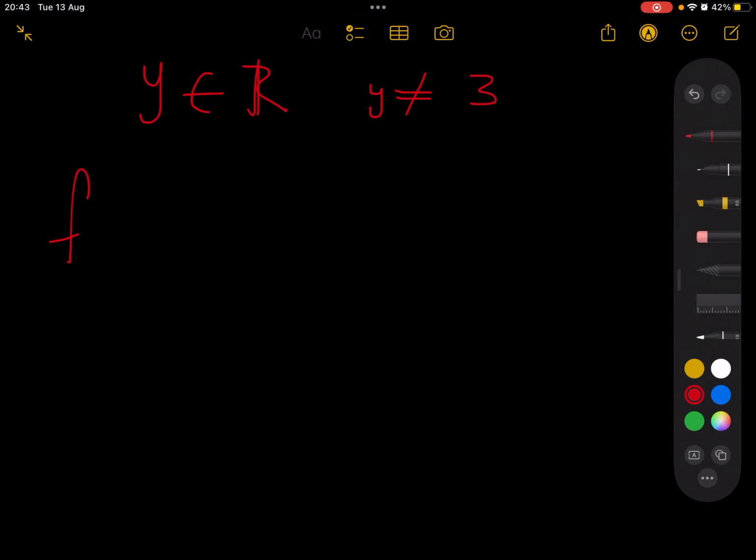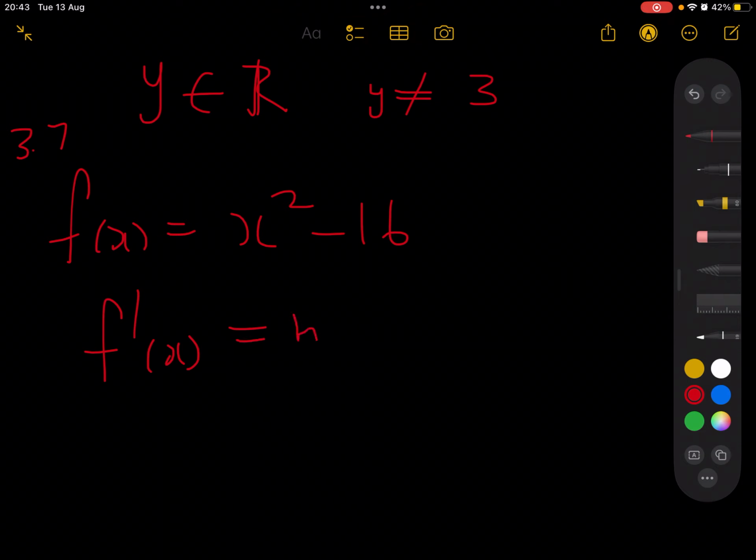Now, first it's 3.7, f of x is equal to x squared minus 16, and from the knowledge of calculus, you know that f prime of x is equal to the gradient of the tangent.